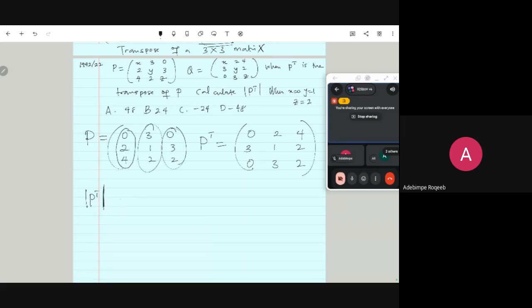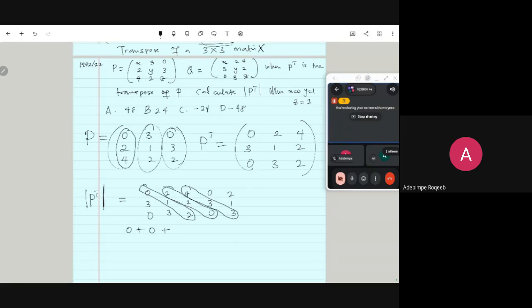Remember how we do determinant. Sarrus rule. 0, 3, 0, 2, 1, 3, 4, 2, 2. Again, repeat these first two columns: 0, 3, 0, 2, 1, 3. So you are now going to pick these 3 guys, these 3 guys, and these 3 guys. 0 times 1 times 2, 0. Plus 2 times 2 times 0, 0.